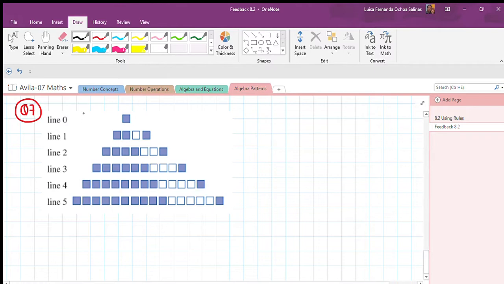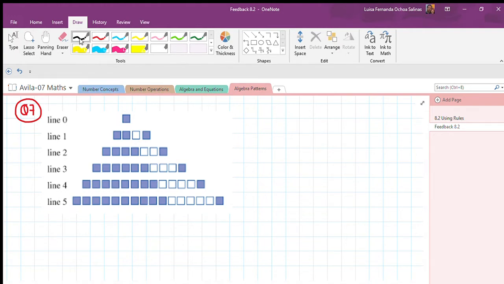Also, we have these lines that say line 0, line 1, line 2, line 3, line 4, line 5, and that gets confusing. But if we read the problem carefully, the last sentence says the number of blue and white squares in each line is determined by a rule that connects the two variables. So they're giving us the two variables.